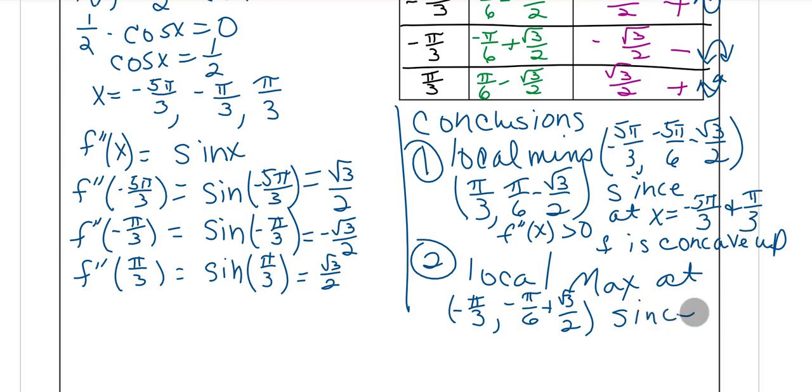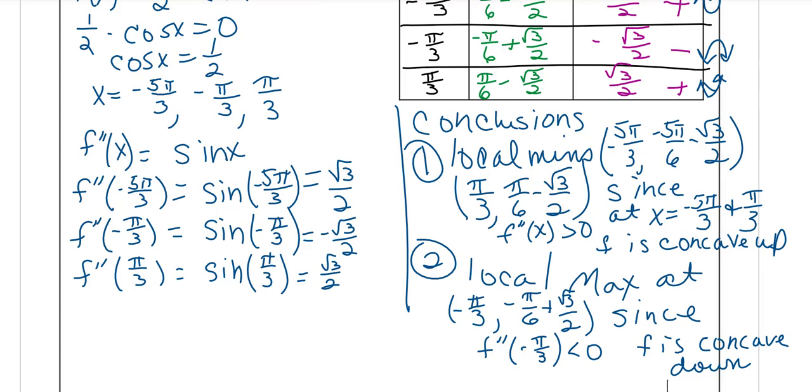And my reasoning for that is that f double prime of negative pi over 3 is less than 0, so f is concave down. So you can see how these go together. Okay.